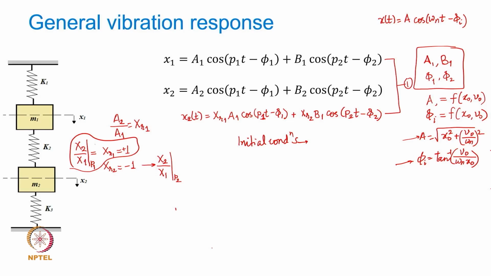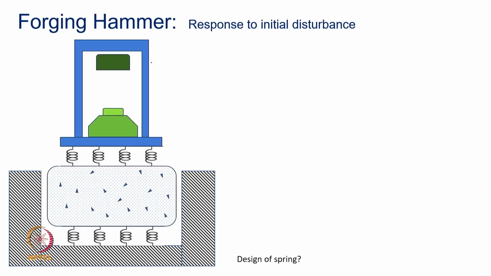Okay, now we take this example of a forging hammer. We discussed this as an example of a 2 degree of freedom system in the introductory lecture, wherein a hammer or a top drops from certain height suddenly on the workpiece here. So, this is a workpiece, and when it drops on the workpiece, it gets forged.